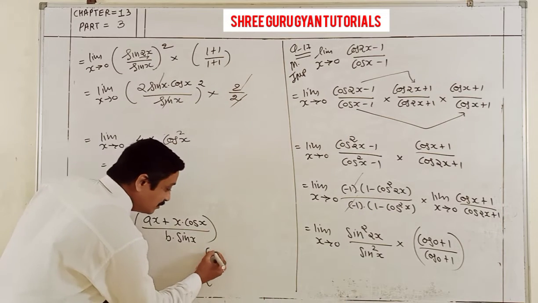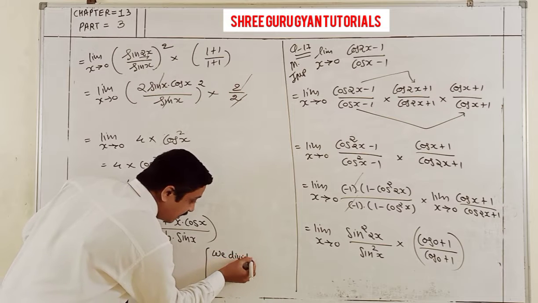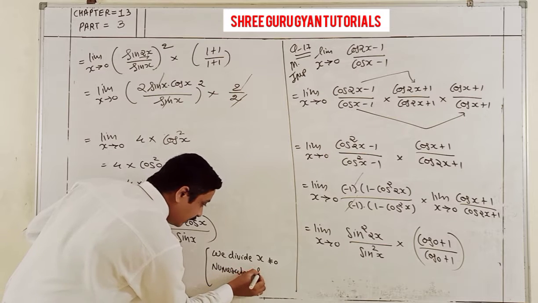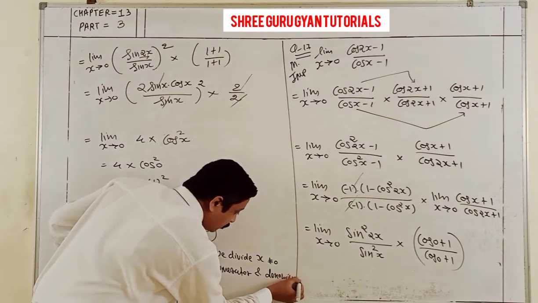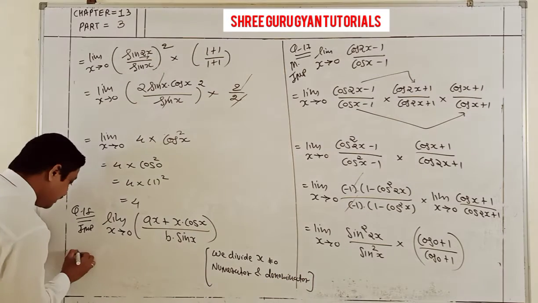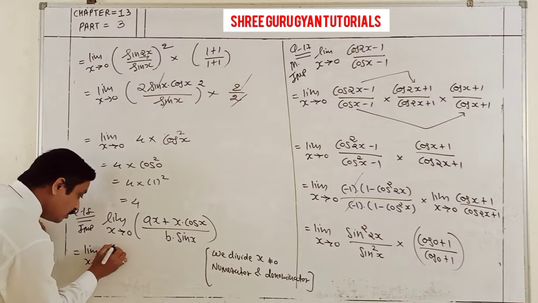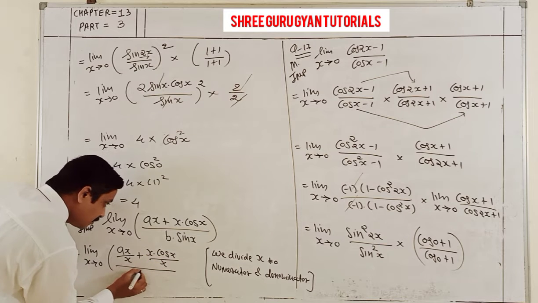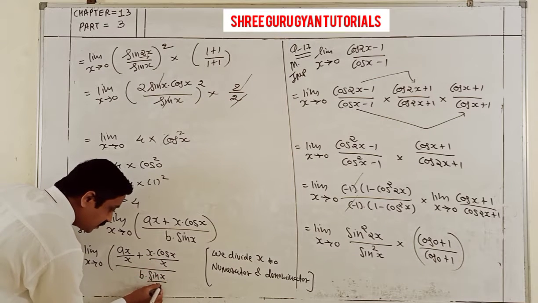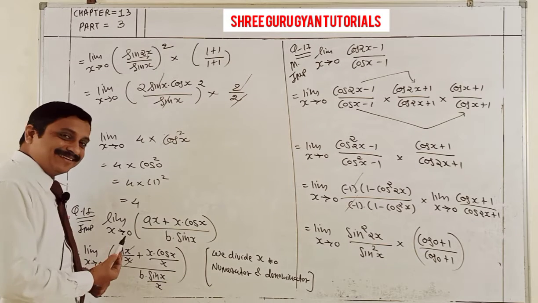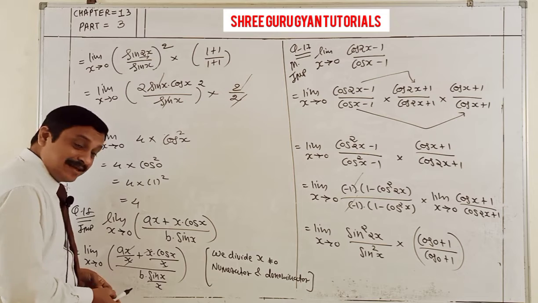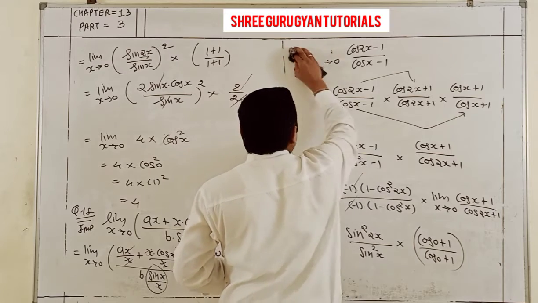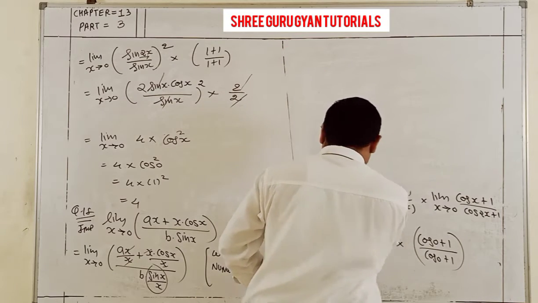So here I write: we divide by x, not equal to 0, for the numerator and denominator. So limit x tends to 0: ax upon x, x cos x upon x, b sin x upon x. Students, this x and this x cancel, and sin x by x, that's my property, is only 1. Very easily the numerical is done here.